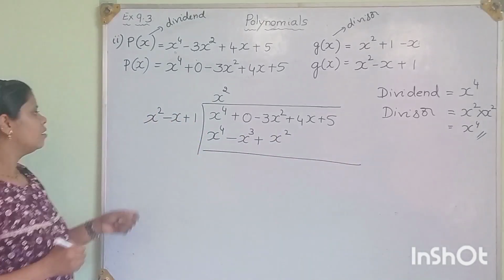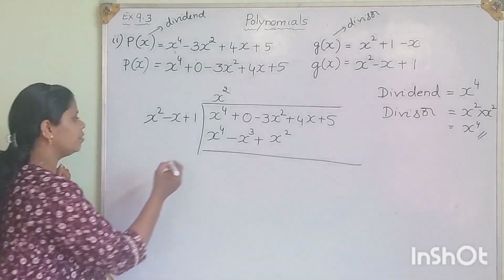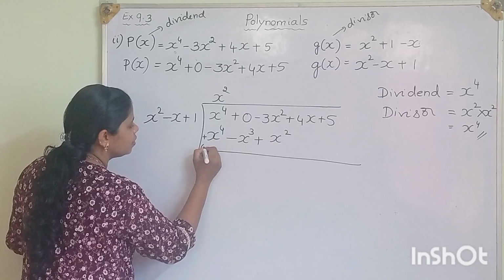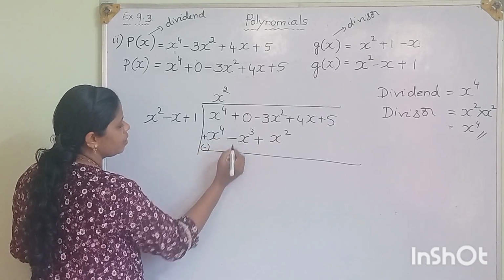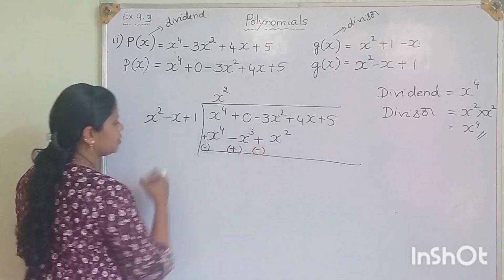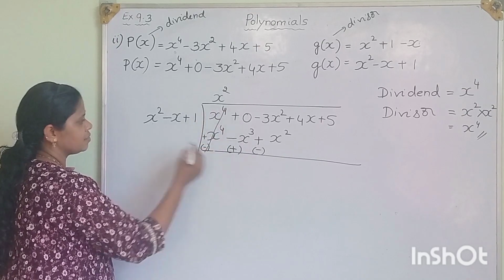Okay. Now, in division we will do the subtraction, right? Therefore, let us change the sign. Here it is plus, here it will become minus. Here it is minus, it will become plus. Here plus, it will become minus. Plus x to the power of 4 minus x to the power of 4 cancels.